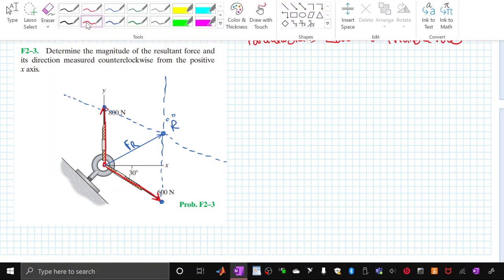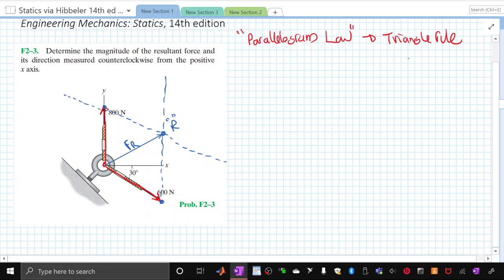The triangle rule is also known as head to tail. Do you remember that from maybe physics? You get the head of a vector and you place it on the tail of the other vector, and the resultant force represents that vector that goes from one point to another. And you'll see it real quick.